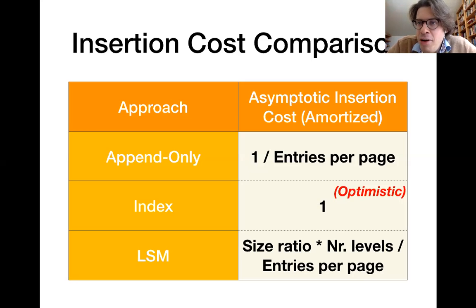So I only need to do this every once in a while, whenever my current buffer page fills up, this is why I'm dividing by the number of entries that I can fit on one of those pages.